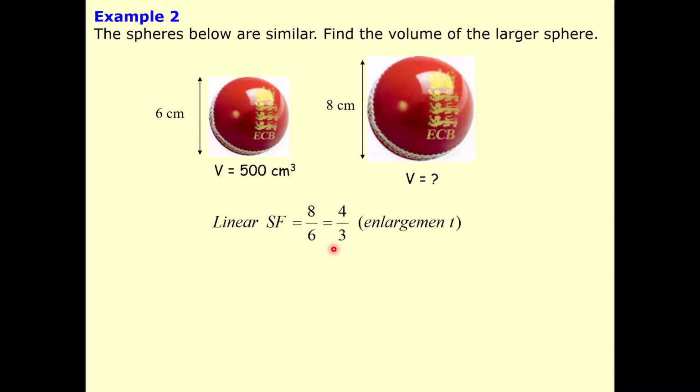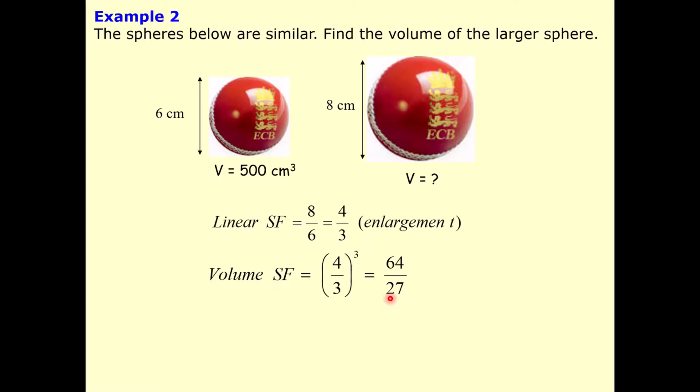But we are wanting to work out the volume, so we are going to calculate the volume scale factor. And to do that, we're going to take our linear scale factor and we're going to cube it. So 4 cubed, 4 times 4 times 4 gives you 64. 3 cubed, 3 times 3 times 3 gives you 27. So 64 over 27, that is our volume scale factor.